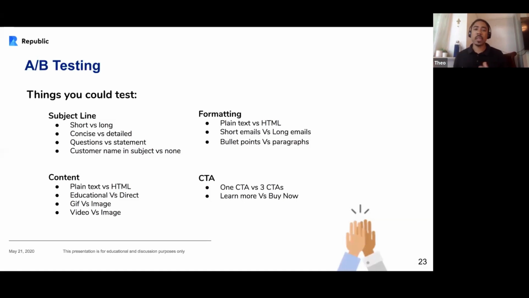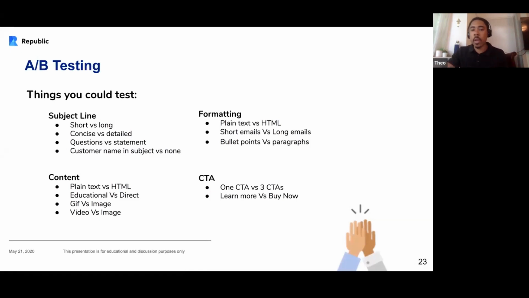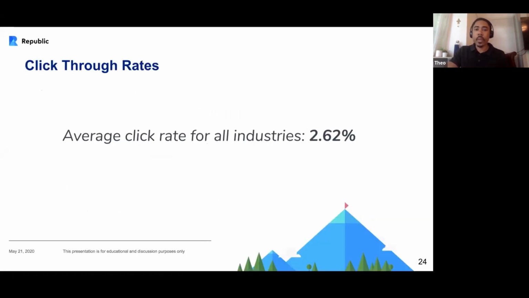So maybe you want to test plain text versus HTML, bullet points versus paragraphs. That's what you could test. Maybe you can test GIF versus image or GIF versus a video, whatever you want. And then you can test out different types of CTAs as well.